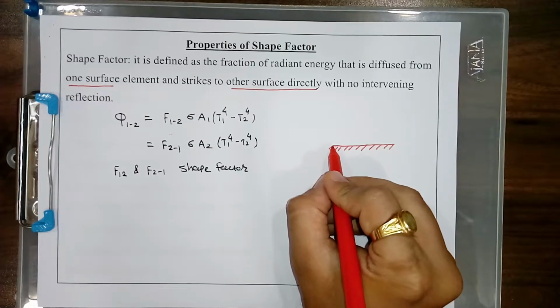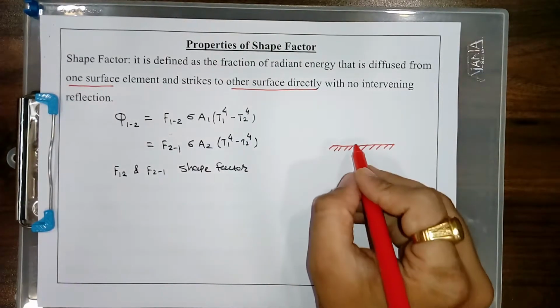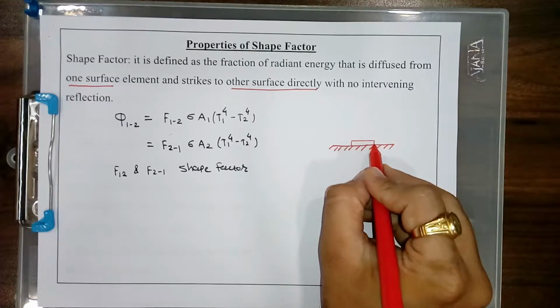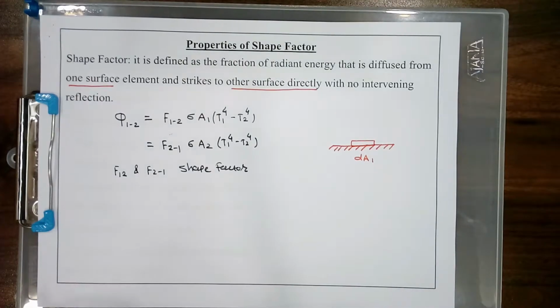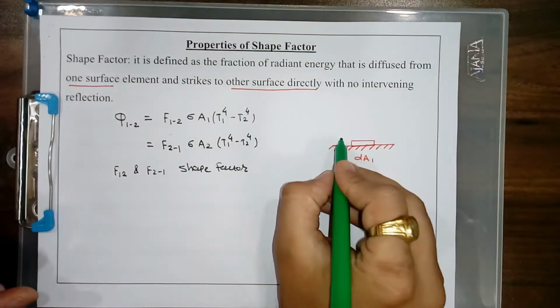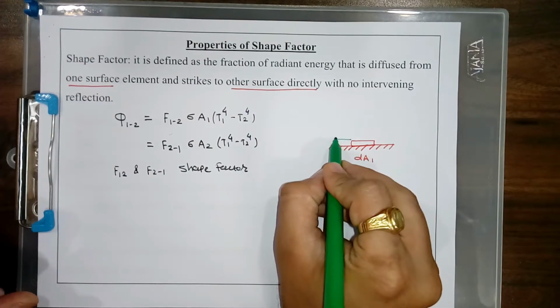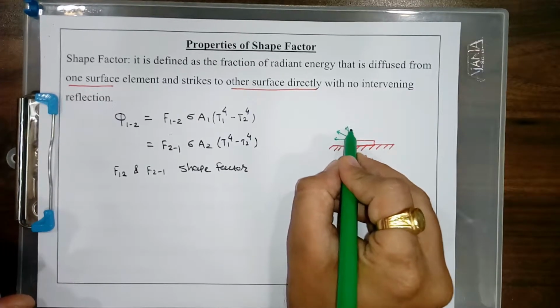I am going to explain this concept of shape factor with an illustration. Consider one small elementary area dA1, which emits radiation in all directions, like a diffuse radiation emission from the surface.